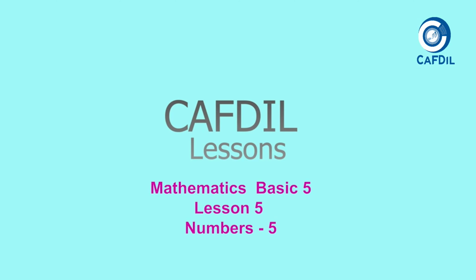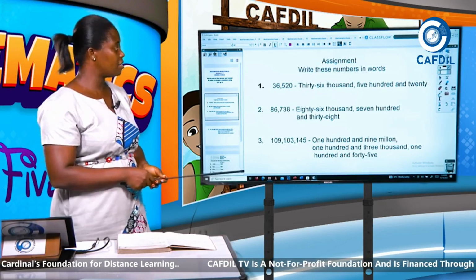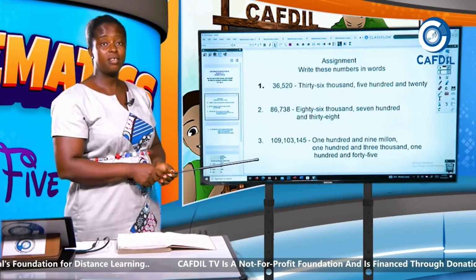You remember the rule. Before you are able to read or write numbers, you should separate the digits with commas or space. So you had this, 36,520. So in words, this is how it should be.